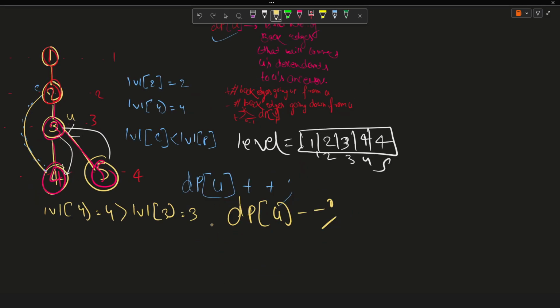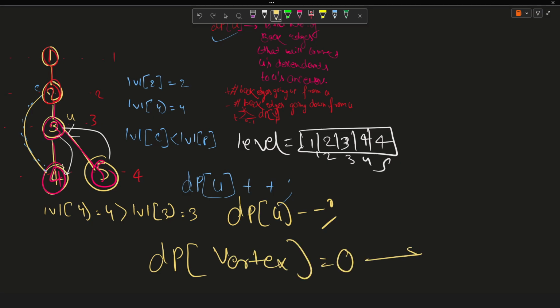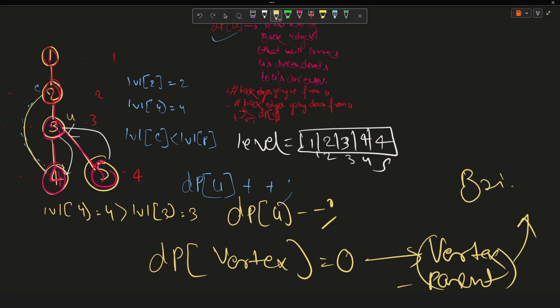And ultimately, if the dp of some vertex is 0, then it means that no back edge is passing through that vertex which will help the vertex in connecting back to its ancestor through its descendants. So that's why we can say that this vertex to the parent link will be a bridge. Because what was the definition of a bridge?